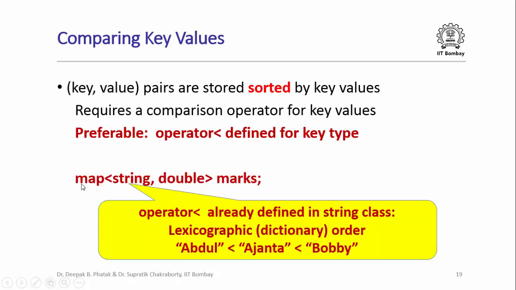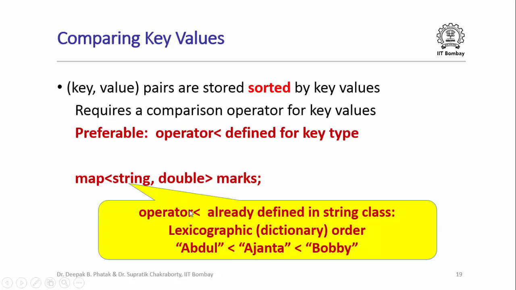For example, when we said marks is a map where the key type is string and the value type is double, for the class string, the less than operator is already predefined in the string class, and in fact this is the lexicographic or dictionary order. For example, the string Abdul will be considered less than the string Ajanta, will be considered less than the string Bobby, because in the dictionary this appears before this and that appears before Bobby.